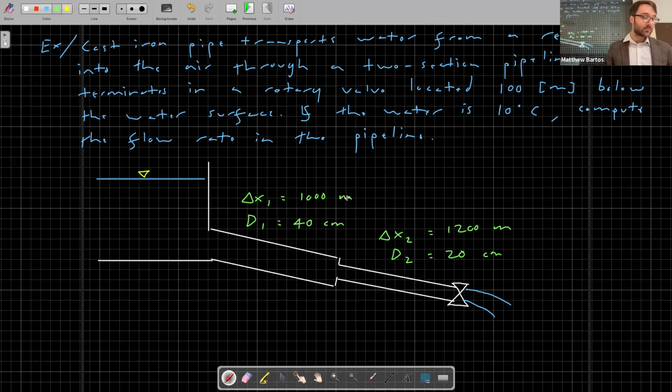And importantly, for the rotary valve, we're going to assume that it has the same cross-sectional area as pipe 2.